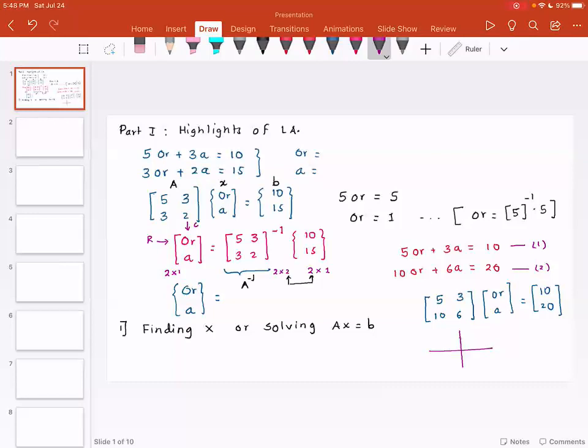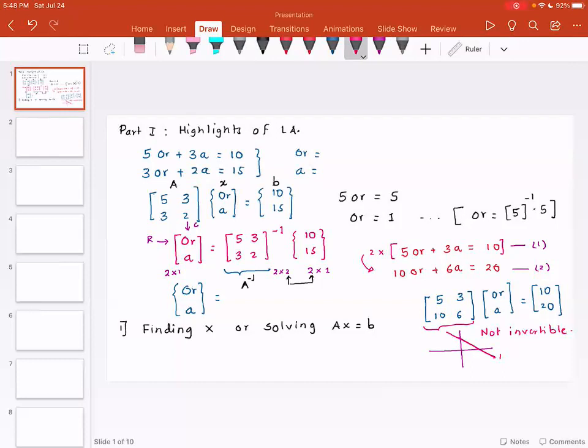So if I were to draw the line for equation 1, and then the line for equation 2, they are one and the same line, because if you multiply the first equation by 2, you get the second equation. So this matrix is not invertible.